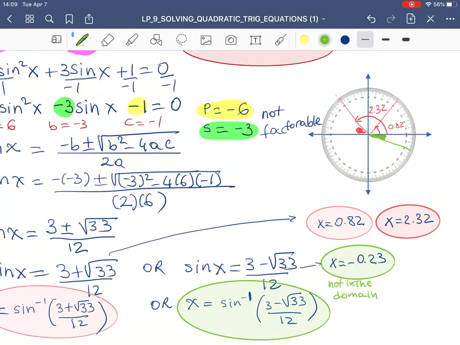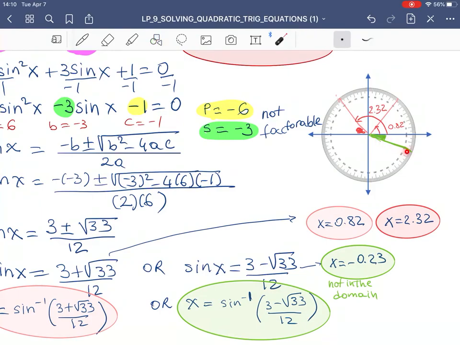Now remember that there are normally two angles that share the same sine ratio, and this will represent the terminal arm of the first angle that has the sine ratio as given in here. And we are going to use this terminal arm to figure out the next angle, so the second angle.